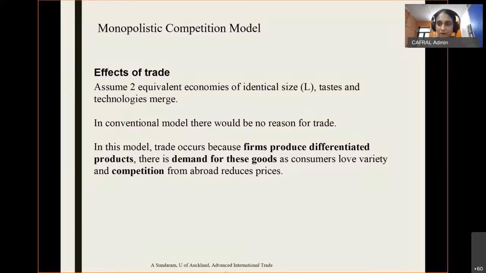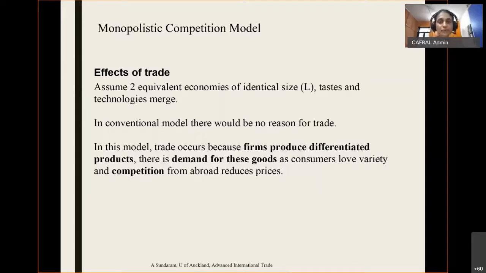But in this model, we are going to get international trade when two of these countries merge. Why is that? That's because firms are producing differentiated products. So the varieties produced in one country are going to be different from the varieties produced in the other country. And because consumers really like variety, they are going to demand varieties from the other country.